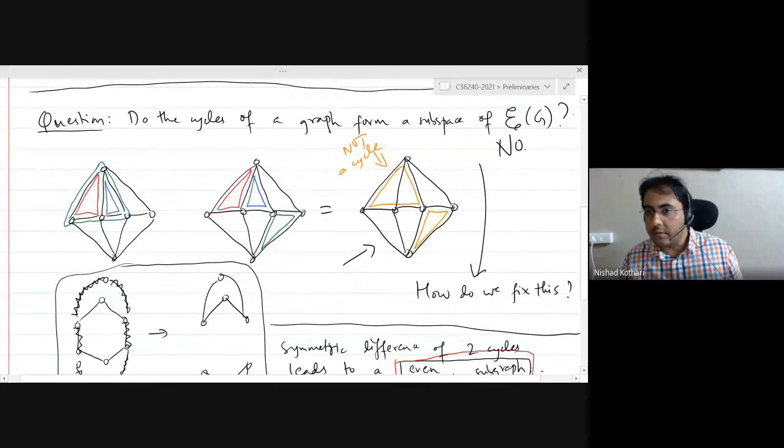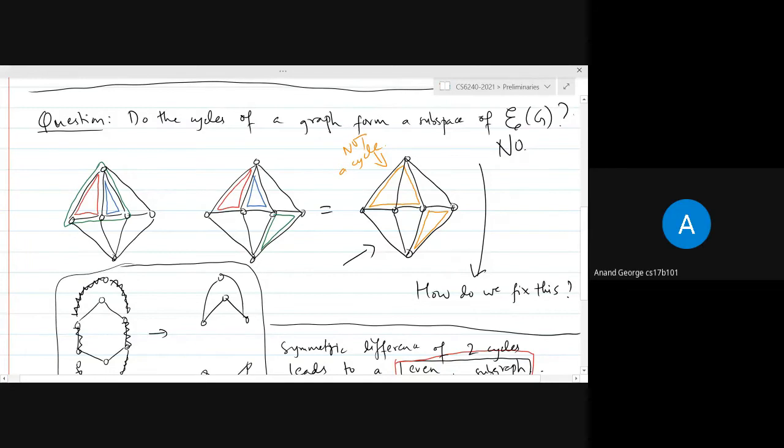Let's see, there is some question. Yes, Anand? So this particular subspace that you're talking about, can we think of it as the set of subgraphs which are 2 edges connected within the original graph?